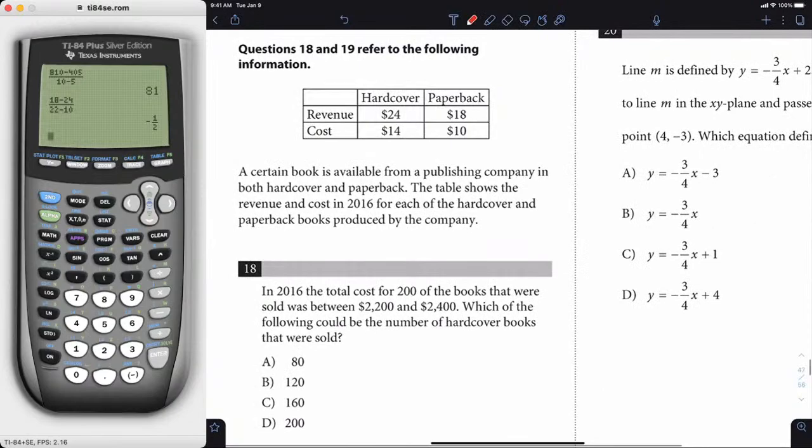In 2016, the total cost for 200 of the books that were sold was between 2,200 and 2,400. Which of the following could be the number of hardcover books that were sold? Revenue 24. The revenue and cost. Okay. For each of the hardcover and paperback books.